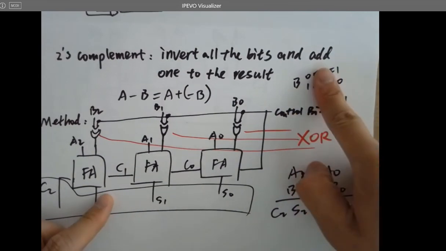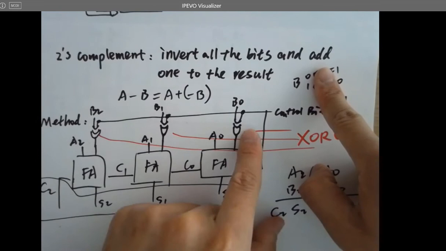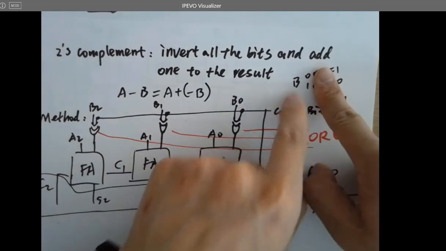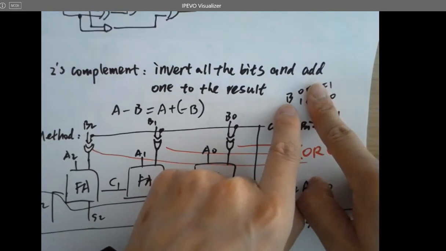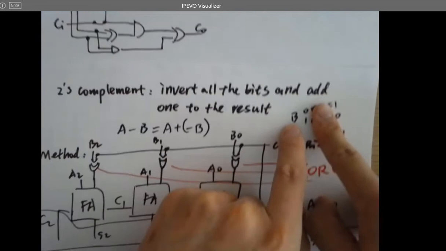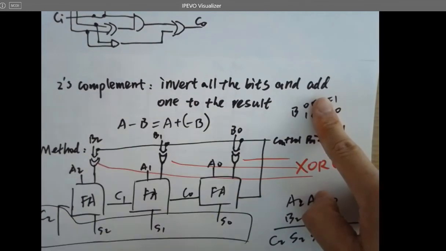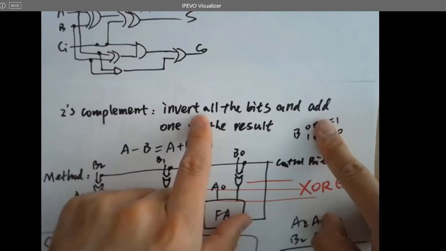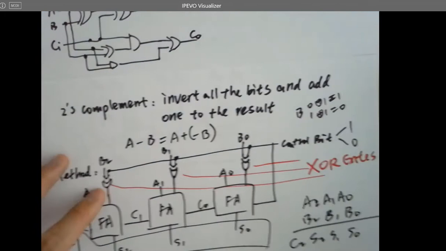Right? If I hide it, you can see that if I have a 1 for the other input of the XOR gate, this XOR gate is inverting B. So I'm 50% of the way to implementing 2's complement, because I have to invert it first and then add a 1 to the result, to convert it into its 2's complement. Still remember that?